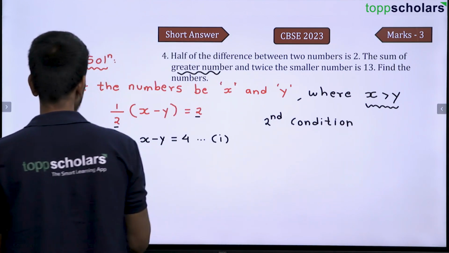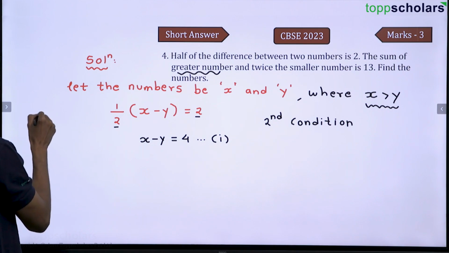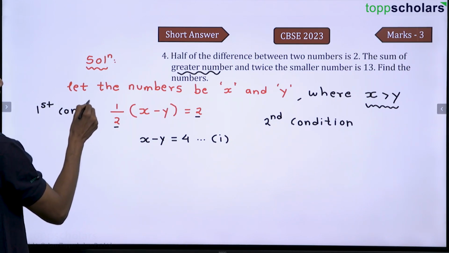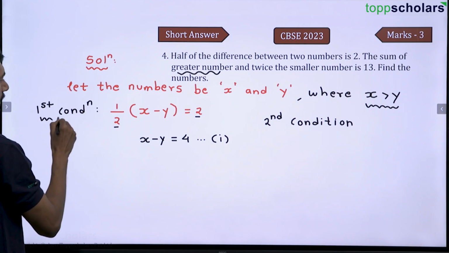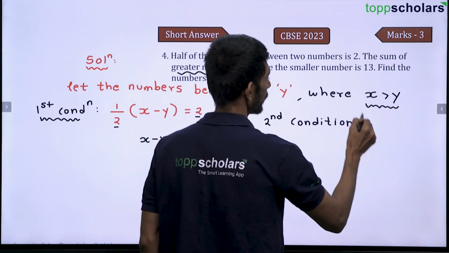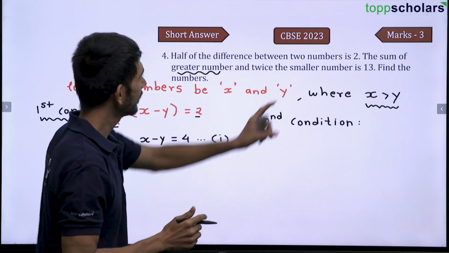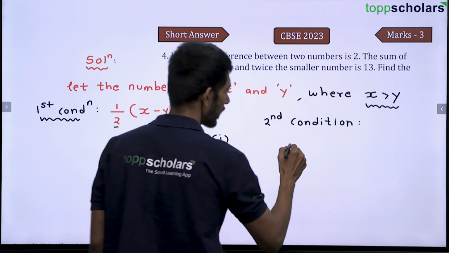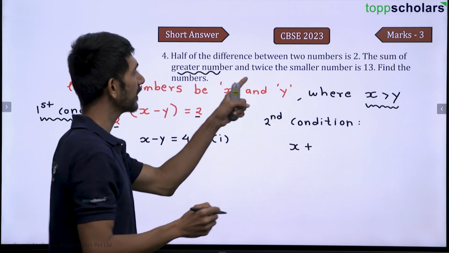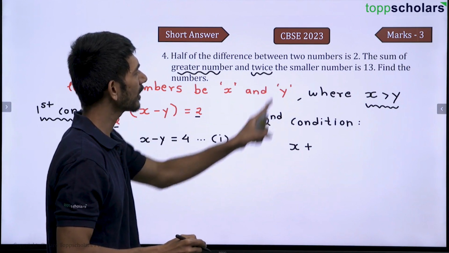If you want, you can write down first condition here, right? This was the first condition. So what is the second condition? If you see the second condition, it says the sum of greater number is x, sum means plus, and twice the smaller number.